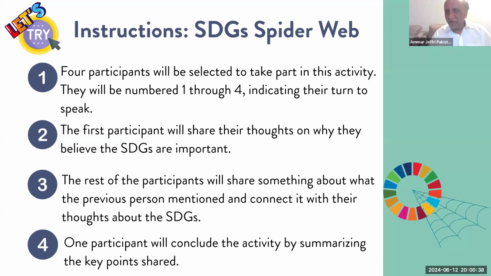My name is Ammar Jaffrey from SDG Academy, Pakistan, Islamabad. To my understanding, these 17 SDGs are interconnected. You can't separate them. To my understanding, the first 6 SDGs are basic human needs, for example, hunger, poverty, health, education, gender balance, and clean drinking water. All others are cross-cutting. So I think it's a wonderful opportunity for humanity.